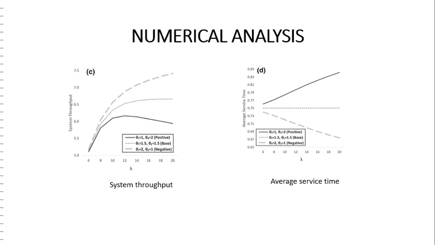For the positive system, average service time is increasing, and for the negative system, average service time is decreasing as the arrival rate increases. And the reason for the base system to remain constant is because the customers in each class are equally patient.